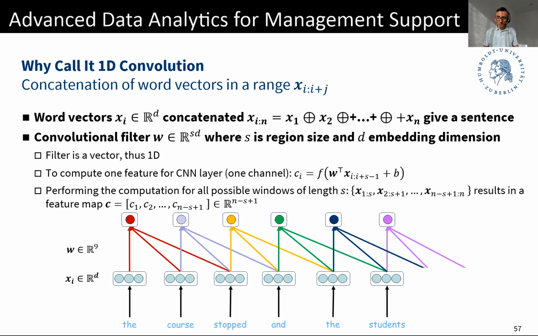And mathematically, it's just this good old dot product that we calculate of our filter W and the input sequence of words or tokens, which goes from xi to xi plus s minus 1, s being the region size.